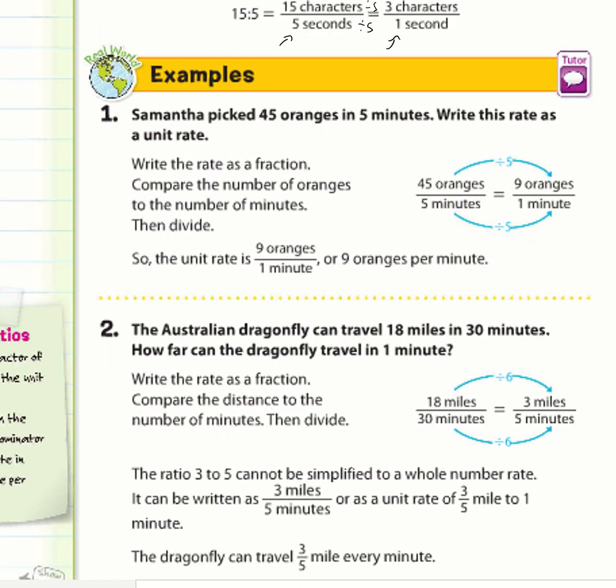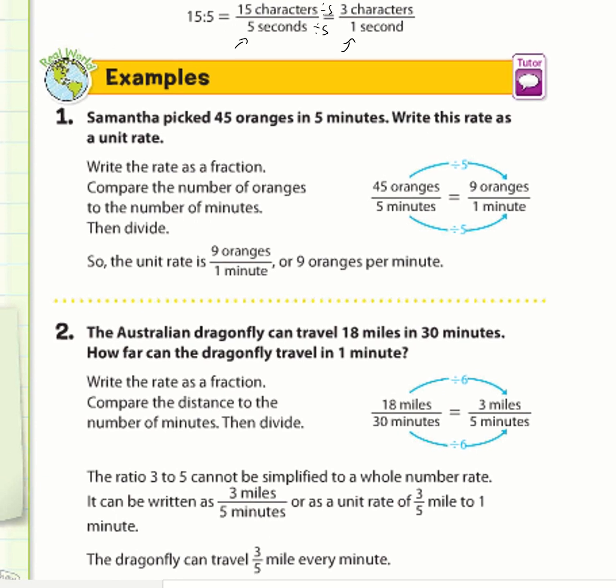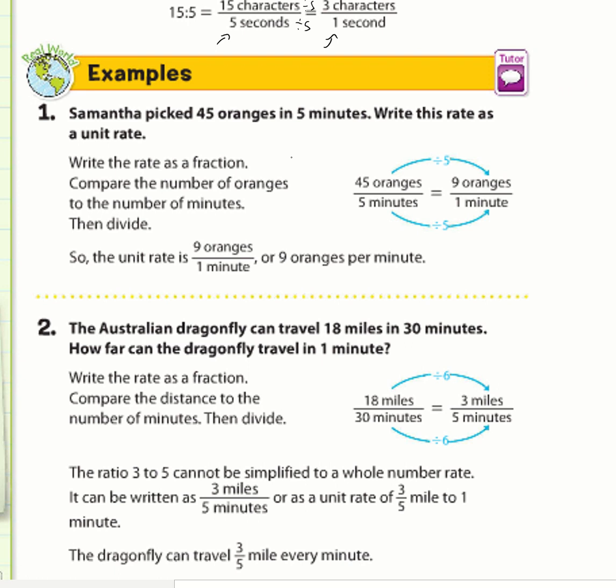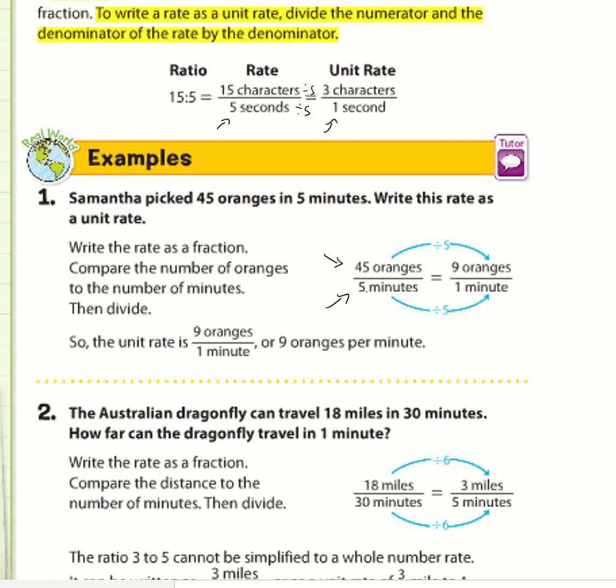So looking at the example, Samantha picked 45 oranges in 5 minutes. Write this rate as a unit rate. Well, 45 oranges is going to be the numerator, and 5 minutes is going to be the denominator. And remember, it says divide them both by the denominator. That way we get the unit rate of 1.